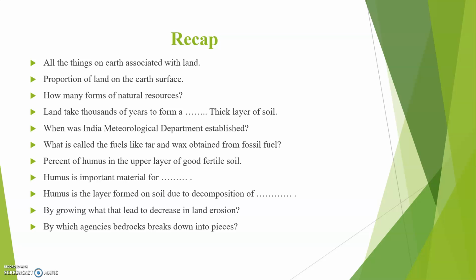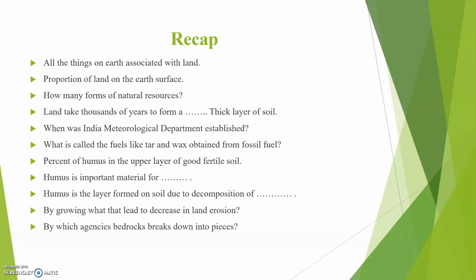How many forms of natural resources are there? There are 3 forms: air, water and land. Land takes thousands of years to form a dash thick layer of soil. How many centimeters? 2.5 centimeters. When was the India Meteorological Department established?